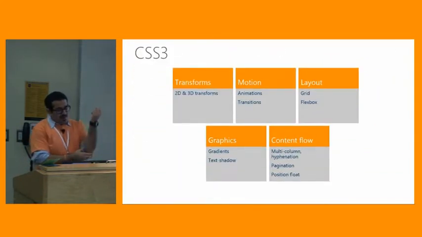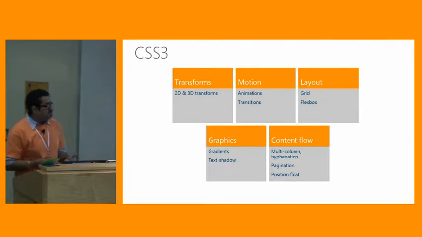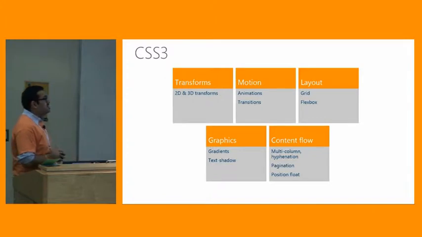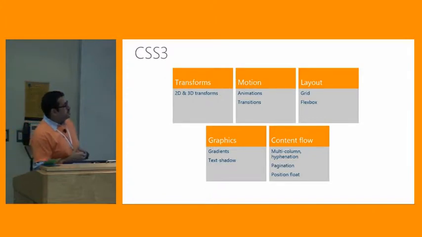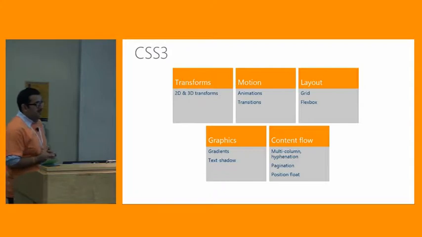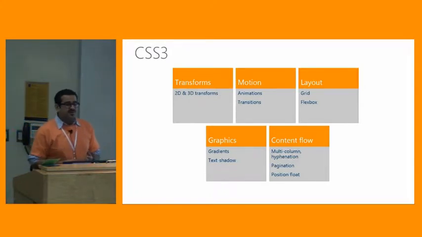apps. Some key concepts that are incorporated into Windows 8 to allow you to build great experiences are obviously transforms, 2D and 3D, motion, animations, and transitions. And you'll notice this a lot in the templates that you get out of the box with Visual Studio as well as grid and flexbox layout properties. Obviously, graphics, content flow, which is needed for building great reading experiences on Windows 8, such as news apps, RSS reader apps, that kind of stuff.